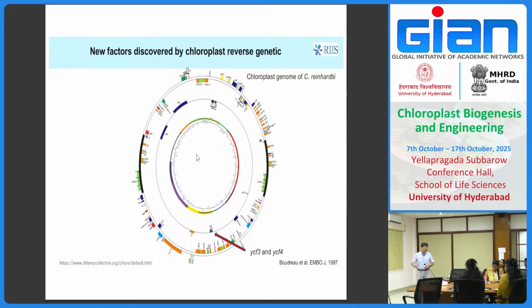And these two components are not involved in expression of PS1 components. I mean, messenger RNA coding for PS1 components was normally transcribed and expressed, and translation was not affected. So these two factors are not involved in transcription or translation. Probably most after post-translational events. That means most likely the assembly process.